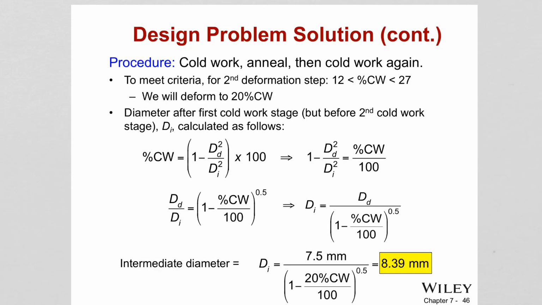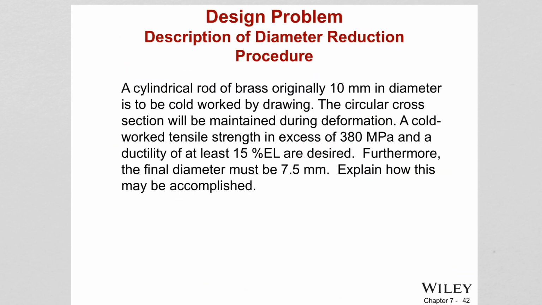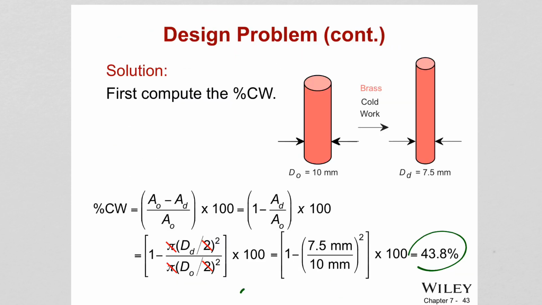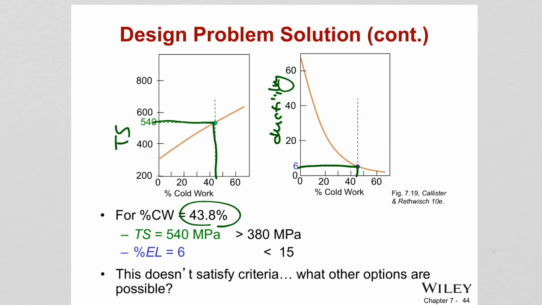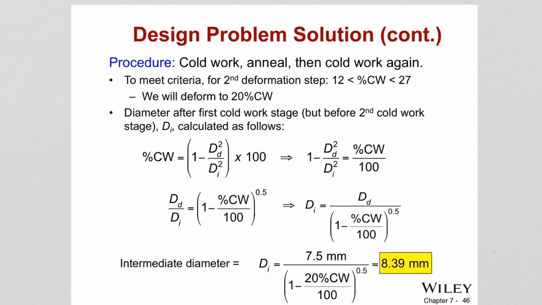So to have a yield strength of 280, the diagram shows we need approximately 20% of cold work. So if we do 20% of cold work, we would meet the first requirement.